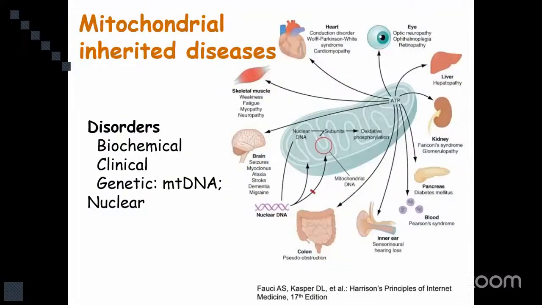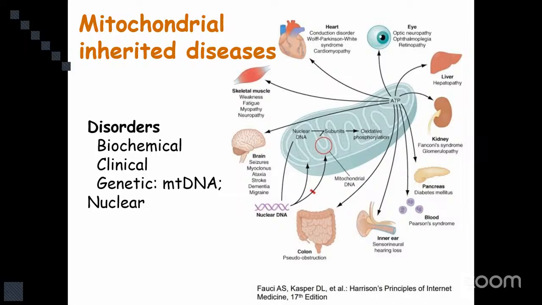Now, apart from all these classical instances where we saw autosomal dominant, autosomal recessive, X-linked dominant, X-linked recessive, there is another way that this could be transmitted, and that is what is called mitochondrial inherited disease. Mitochondria itself carries its own genome, and because of that, it could also be transmitted.